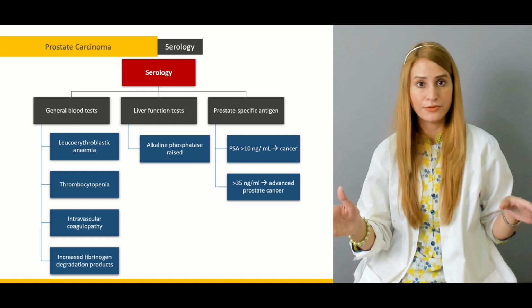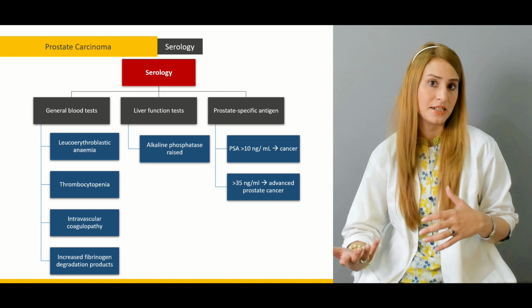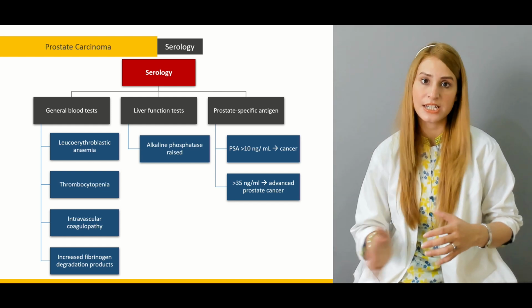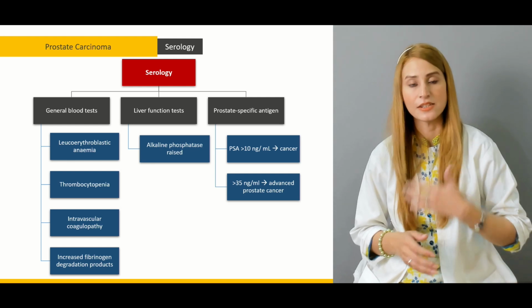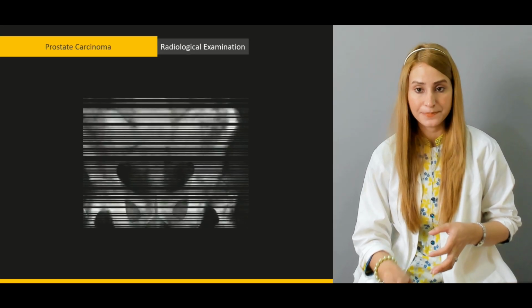But as a general rule, if the PSA level is greater than 10, you'll suspect a cancer. And if it is greater than 35, it's almost a surety of prostatic cancer, and it's usually greater than 35 in case of advanced prostate cancers.